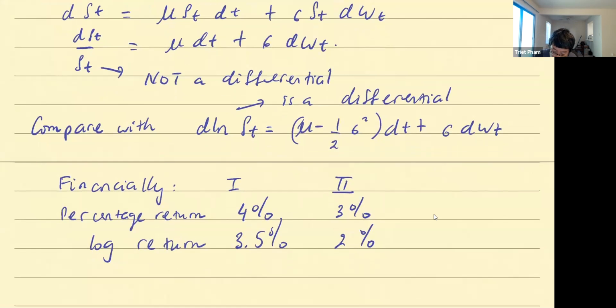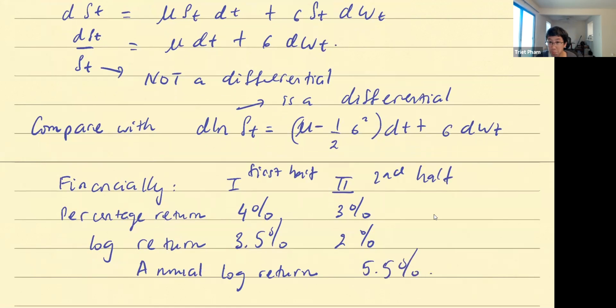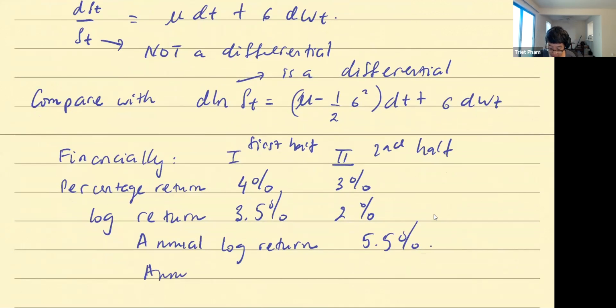Then I can confidently say that your annual log return, which is the total between the two periods, first half, second half, is 5.5%. Easy. Your annual percentage return, I don't know.